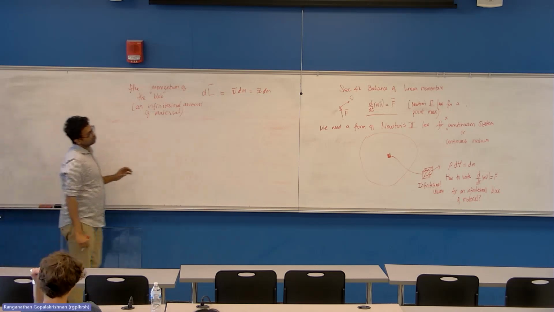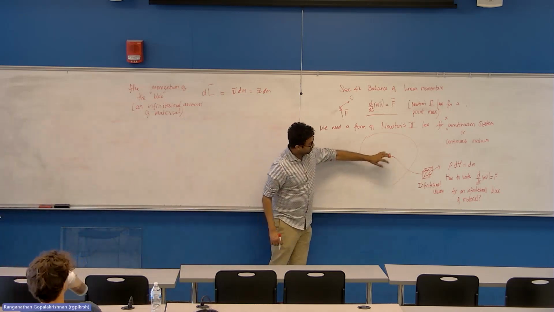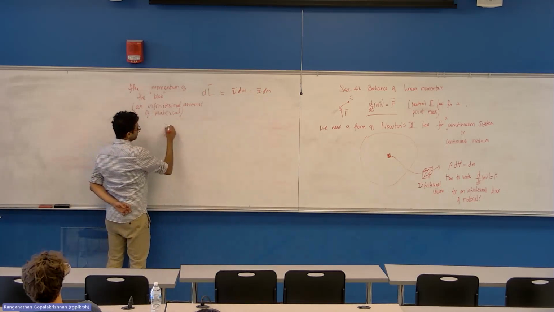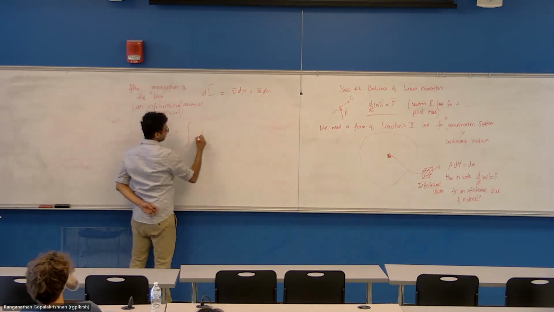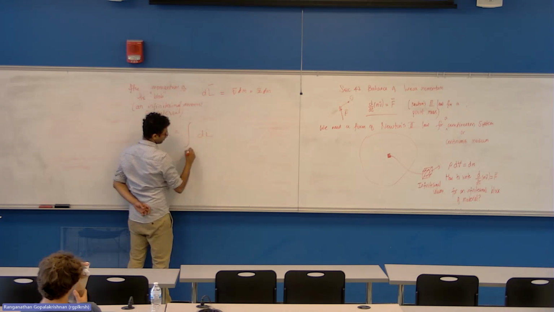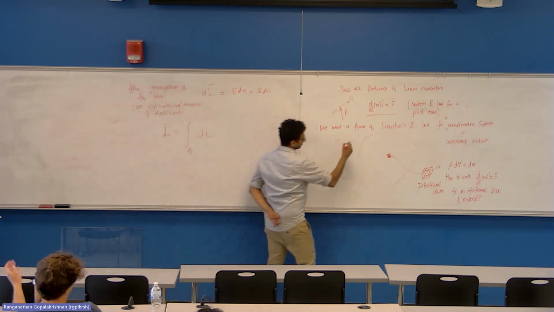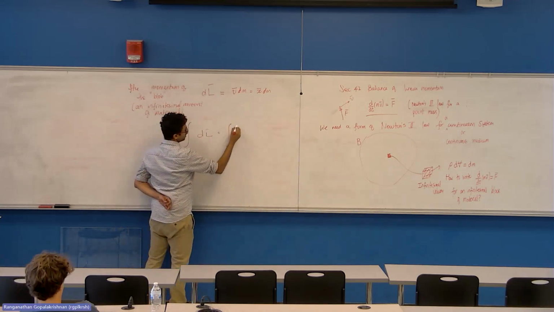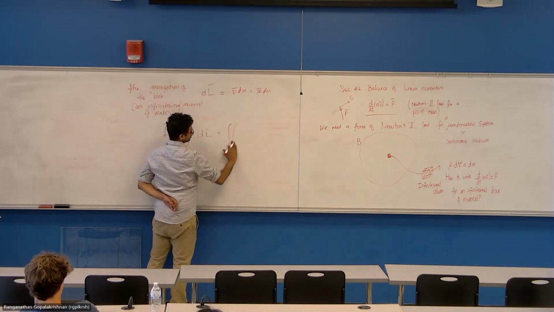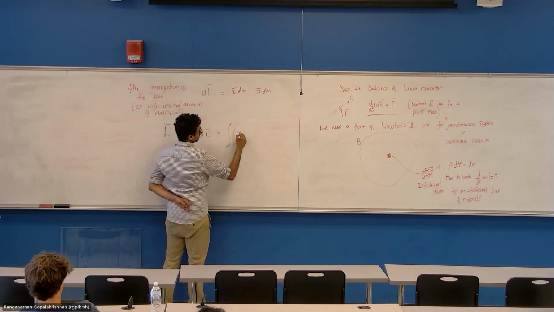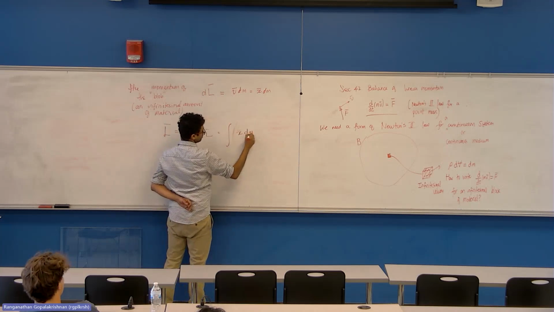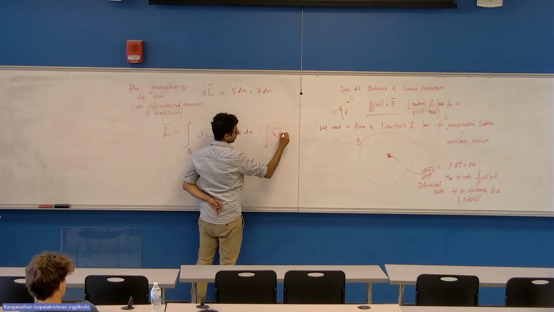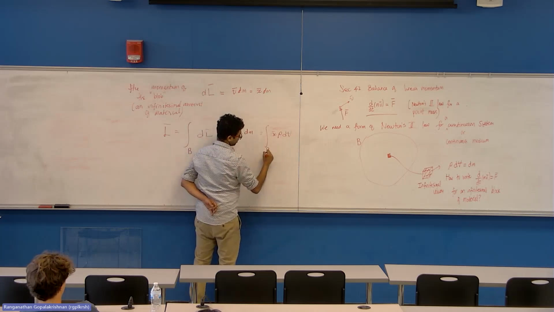So if this small little blob contains x dot times dm, then the total momentum is dl over the volume of the particle or the body. So that would be integral x dot dm, which is integral x dot rho dv.